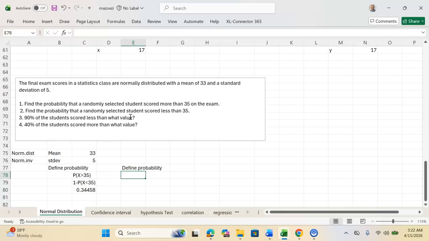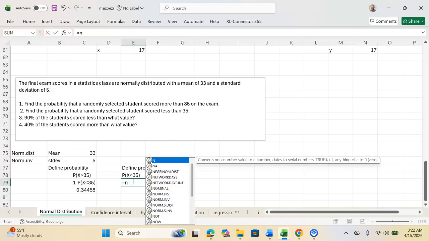We are looking at the score that is less than 35, so the probability of x such that x is less than 35. In this case, we can apply the function directly. We don't have to take 1 minus because it's to the left side, so just put an equal sign and type the function, which is norm.dist.